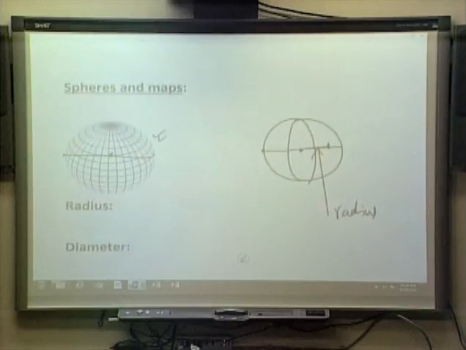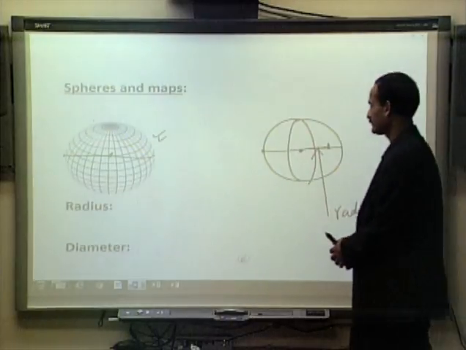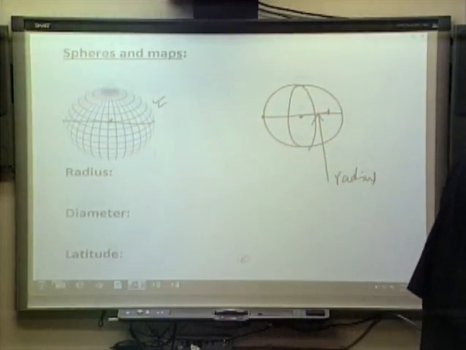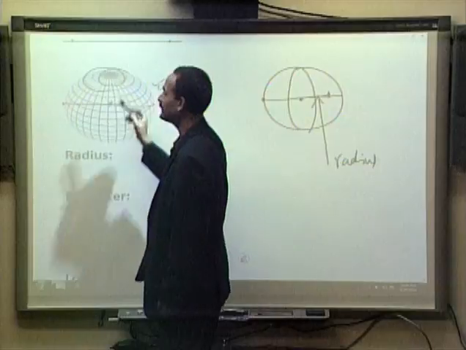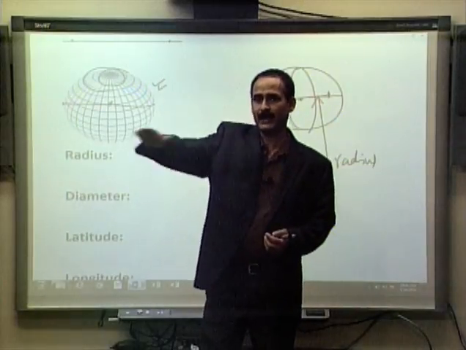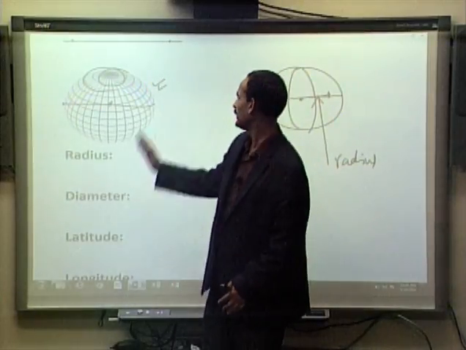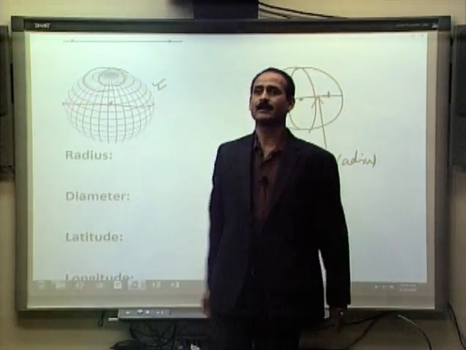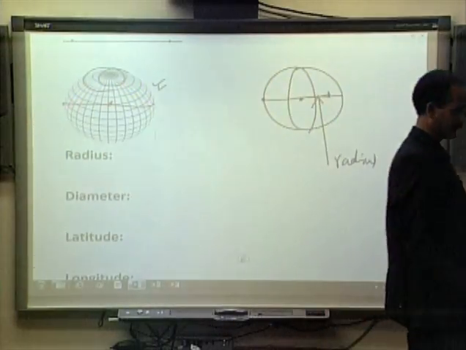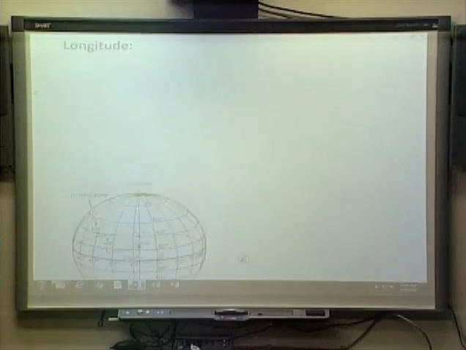So latitudes are these circles. You are cutting a circular piece like this. They are latitudes. You might cut a circular piece like that. They are longitudes.